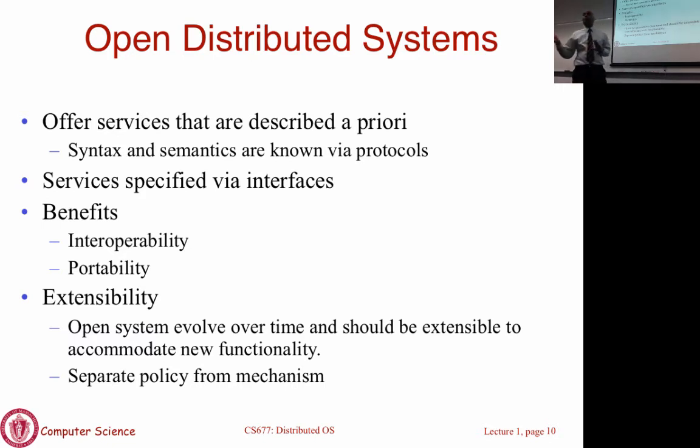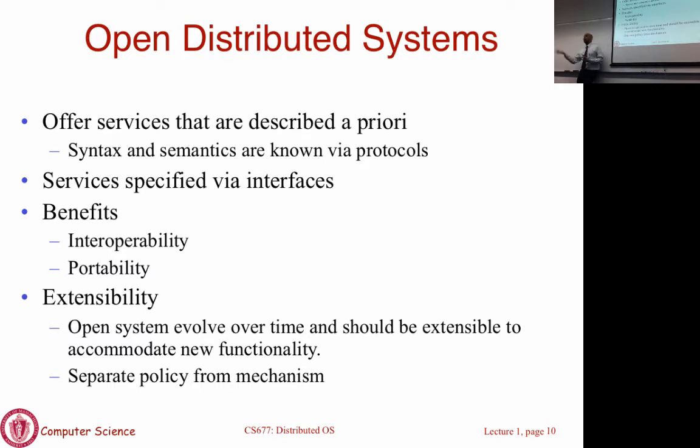As opposed to that, an open system is one where the server publishes an API. Okay? You can use that API and build other things on top. Just to give you one example, the Google Maps API is an open API. The Google Maps service exposes an API and interface whereby you can embed maps in other applications, or make a request to give you directions using other applications and so on.